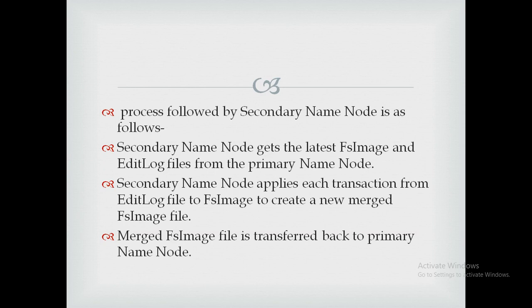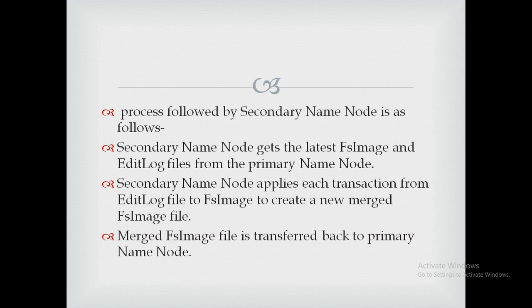The process followed by the secondary name node is that it will copy the latest FSImage and edit log files from the primary name node. These are the two files in the form of which the name node stores the data. The secondary name node will collect these two files from the primary name node, merge them and create a new file, and then transfer the original files back to the name node.